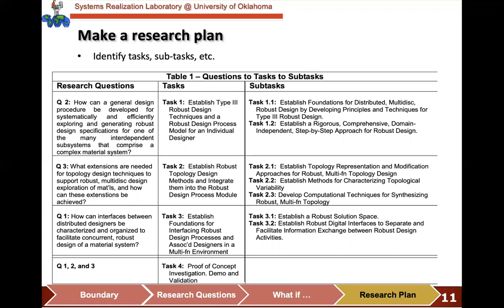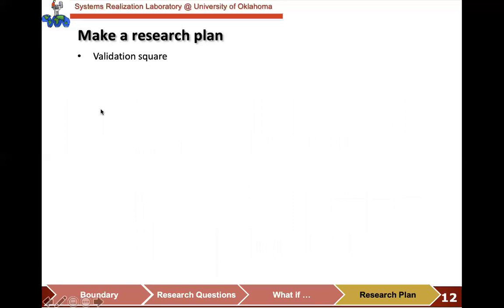For each task, we need to specialize it into subtasks. Each subtask is an action item that your committee members know and understand. And through these action items, they know what you're doing, and they can give you a suggestion whether by doing this, you can actually answer your research questions.